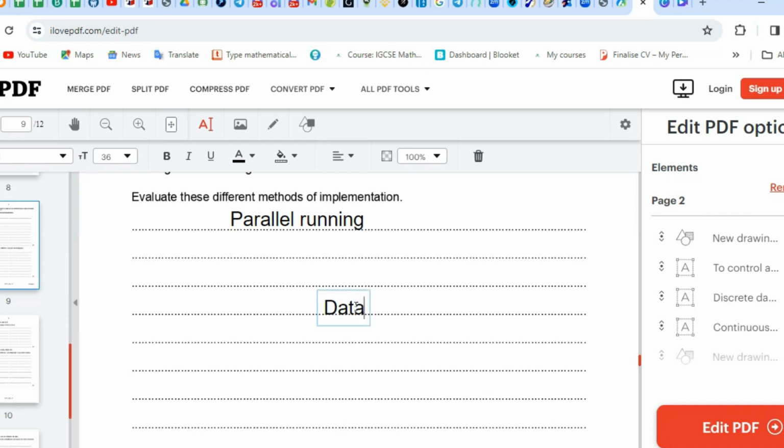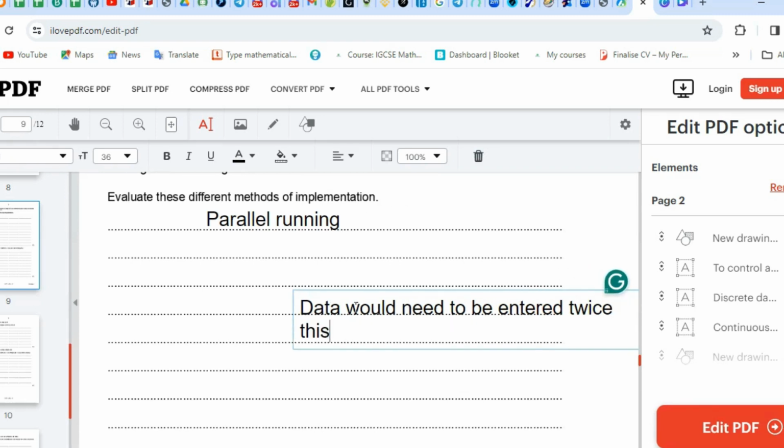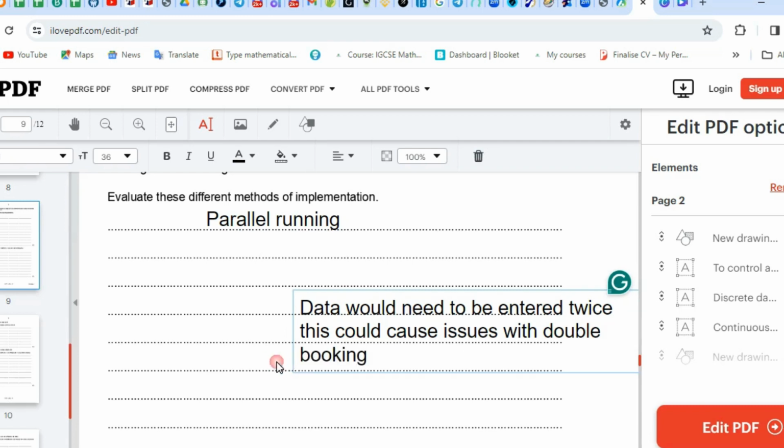Data would need to be entered twice. This could cause issues with double booking.